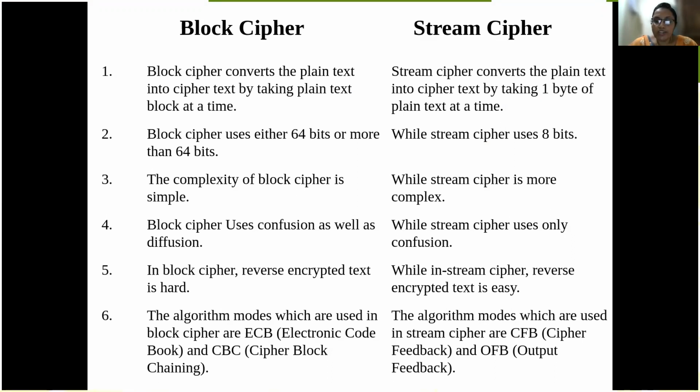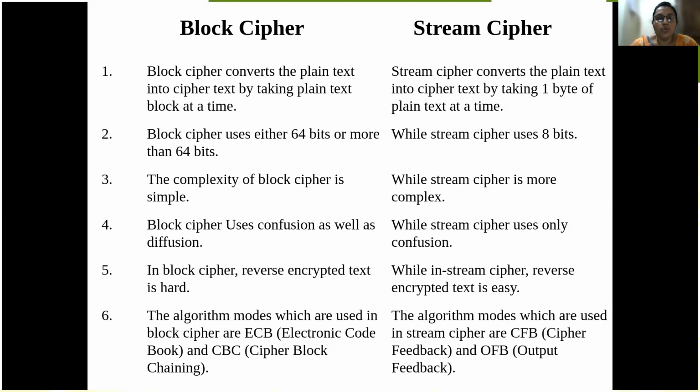Now, what we are more interested in is the modes of operation usually used for block cipher and stream cipher. The ECB and CBC modes, that is electronic code book and cipher block chaining, are used for block ciphers, whereas CFB and OFB, cipher feedback and output feedback, are used for stream cipher. Other than these four, there is one more mode of operation which we are going to look at, that is counter.